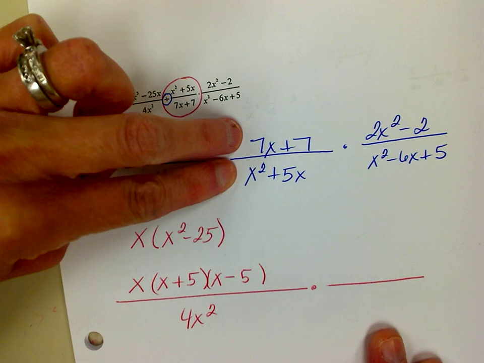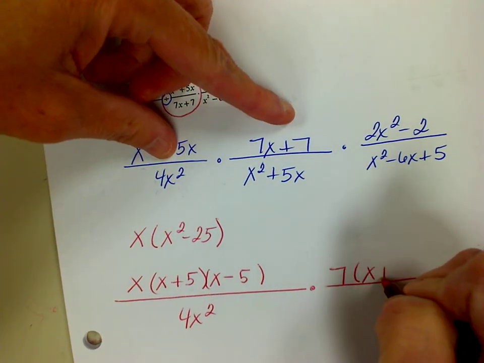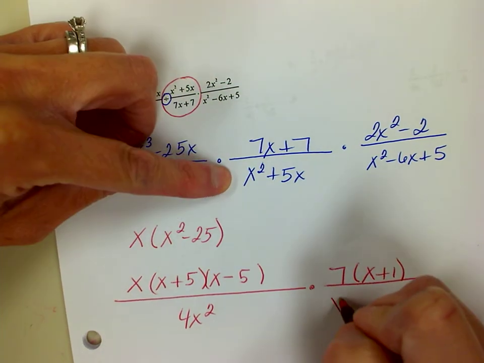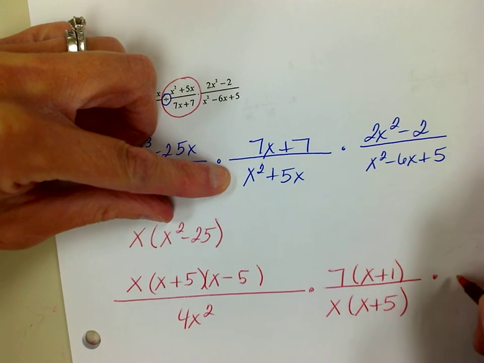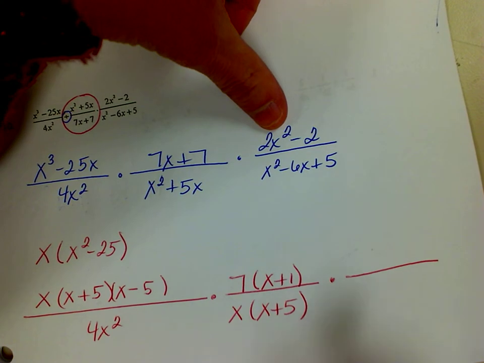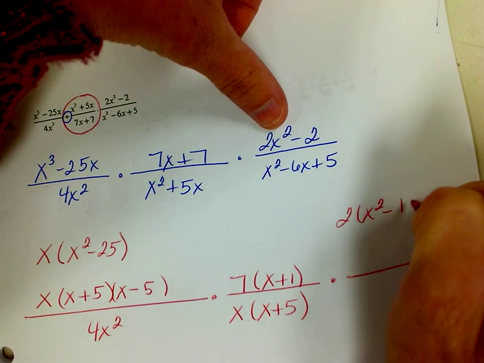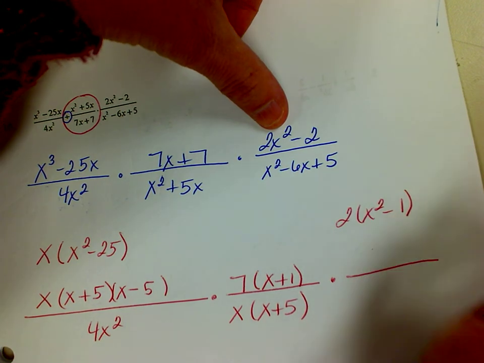Okay, now I'm on this middle one here. The top one, I can bring out a 7. That's all I can do. Down here, I can bring out an x. That's all I can do on that. Over here, I can bring out a 2. But I can factor that more. So bring down the 2.